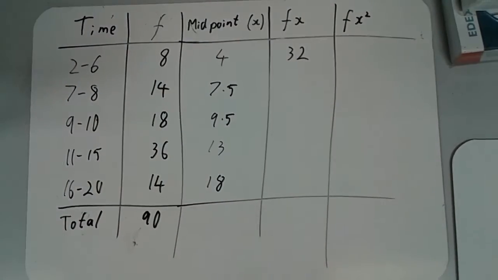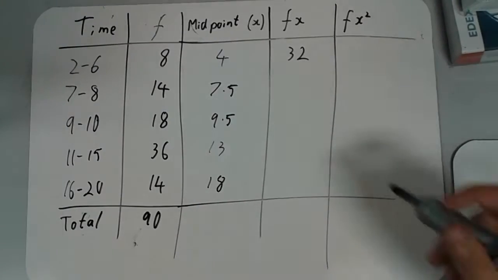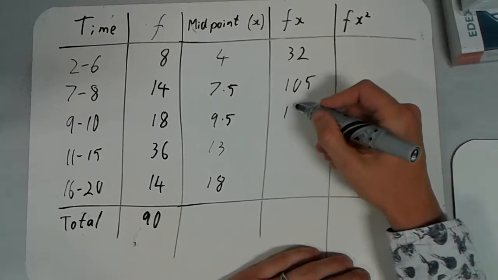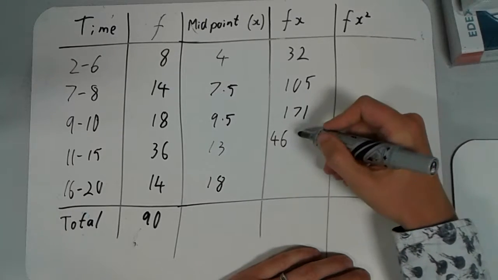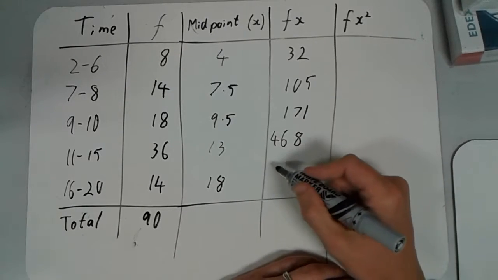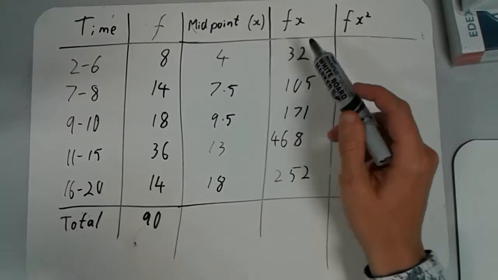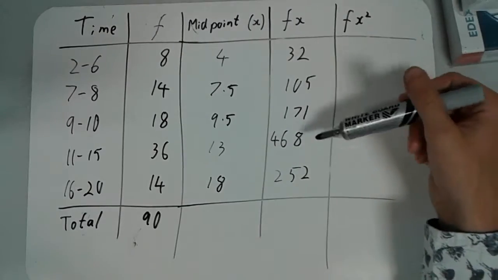I just need to put these into my calculator quickly. 32, 105, 171, 468, and 252. So what that's given us is an estimate of what all of our data will add up to.